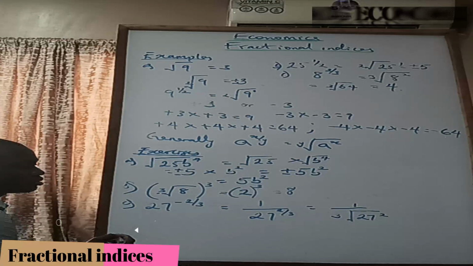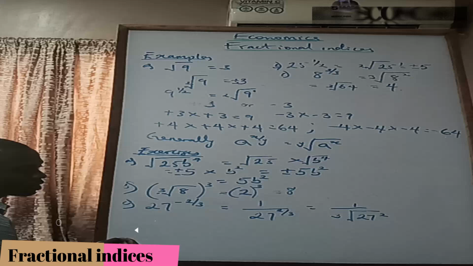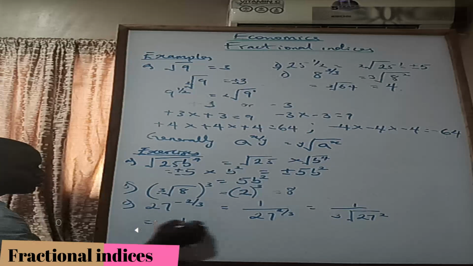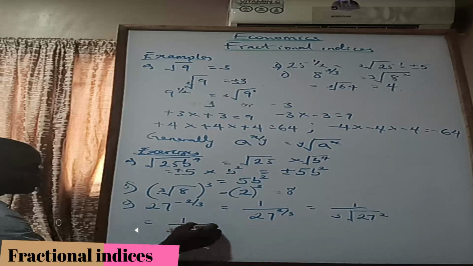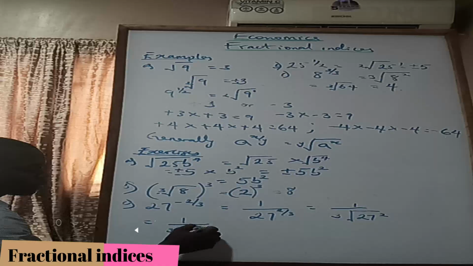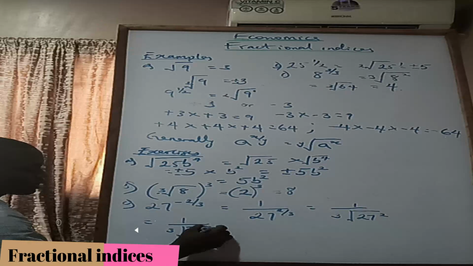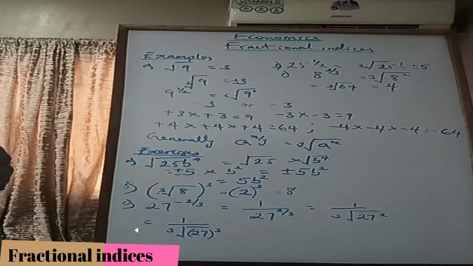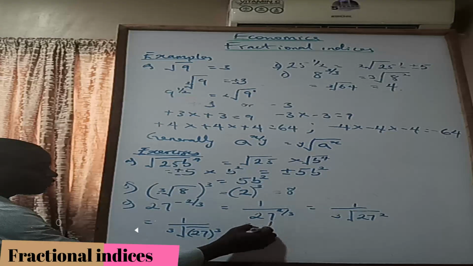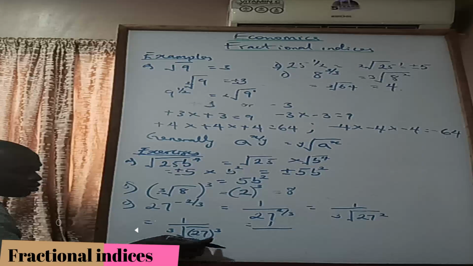Alright, so I could actually just do something. I could just do 1 over the cube root of 27 raised to the power 3. Still the same thing, just not to make the whole thing complex for me. So I have 1 divided by, what number will go in 27?